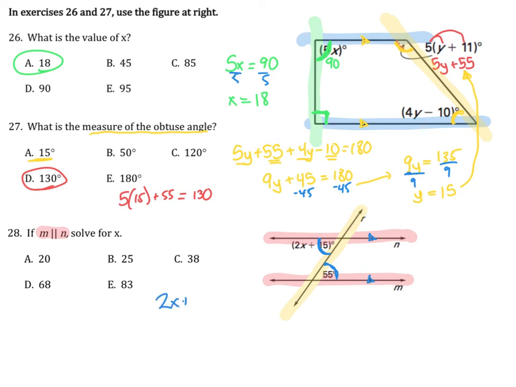So 2x plus 15 is equal to 55. Subtract off 15 from both sides, and I end up with 2x is equal to 40. When we divide by 2, x is 20. And our answer is A, 20.